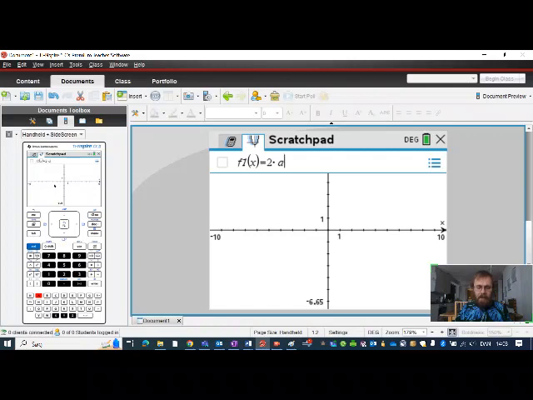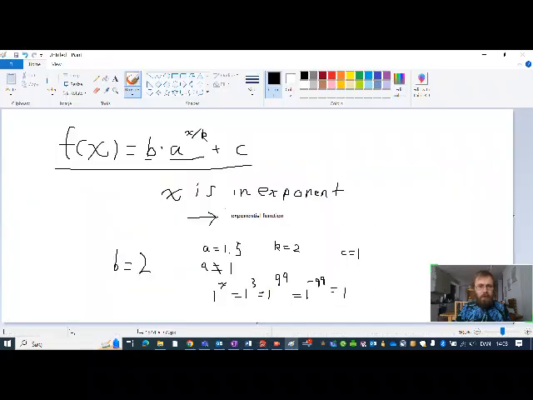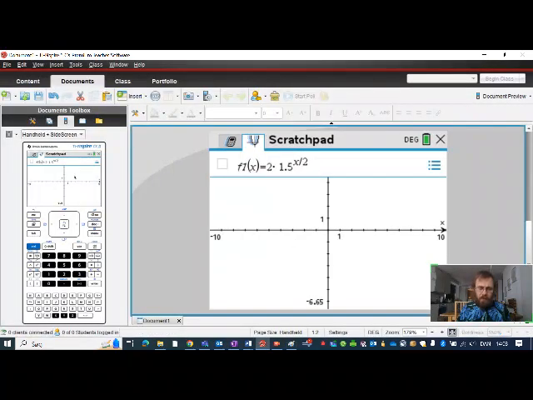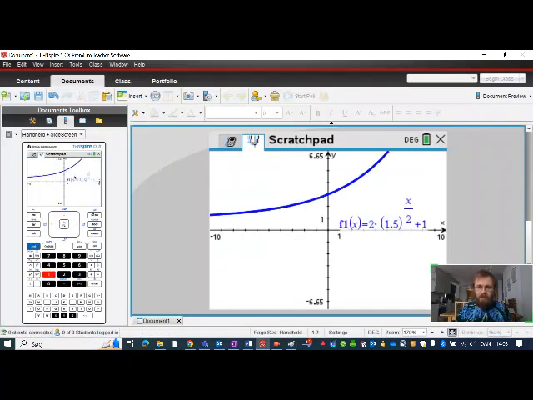So we have our b first, then we have our a, which I said was 1.5. We take this to the power of x divided by 2, because that was what our k was, right? And we've already put in our a, and we've also already put in our b. That leaves only this c to be put in. So at the end of all of this, we will say plus 1.